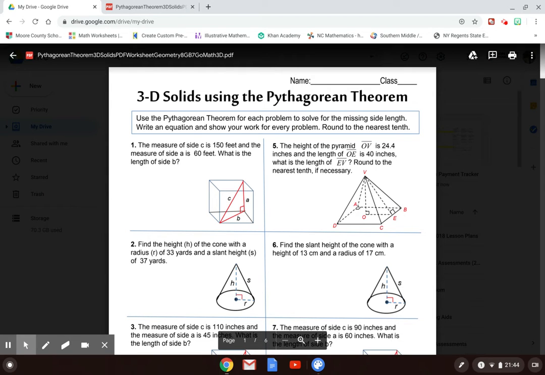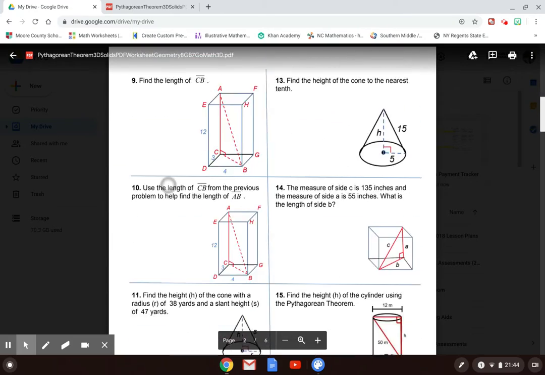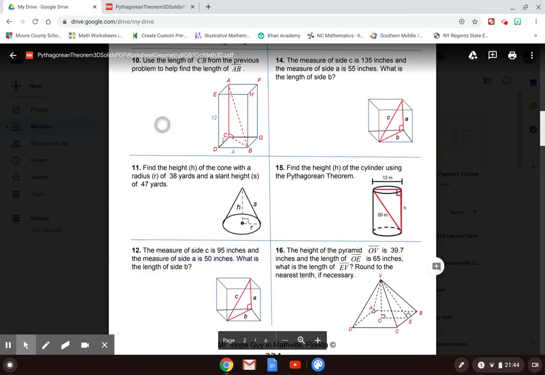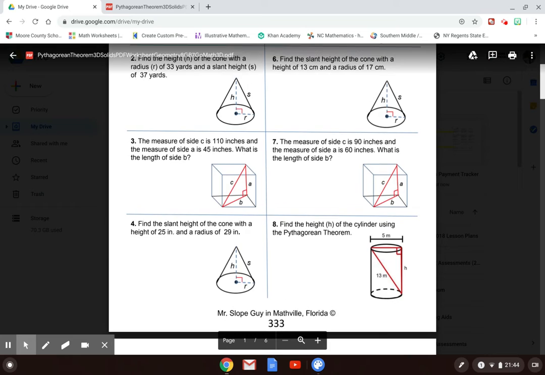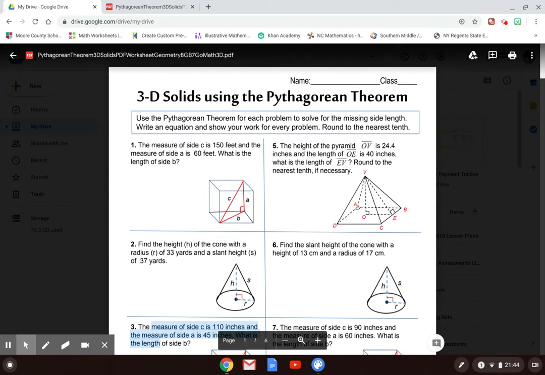What we are doing today is 3D solids using the Pythagorean theorem. So this is basically taking the same shapes that we just did volume with, and now using the Pythagorean theorem with those same shapes. Now, this assignment has a total of 16 problems, but I'm going to show you the first three, and this assignment will be due on Friday.